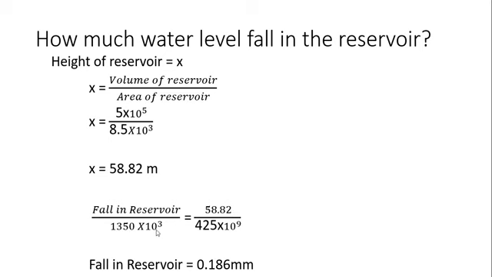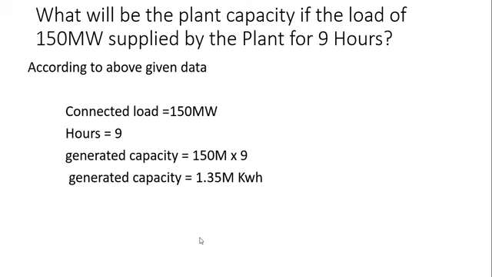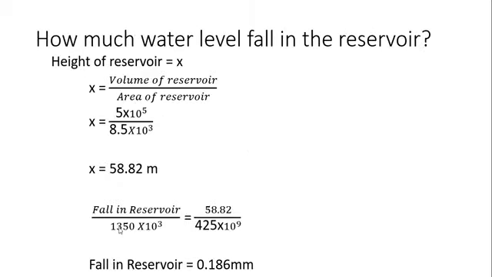Now the energy we have consumed is 1350 into 10 raised to power 3, which comes from converting mega into kilowatt hour. 1350 multiplied by 10 raised to power 3, and we have not added kilowatt hour because both units are the same and it will be cut down.